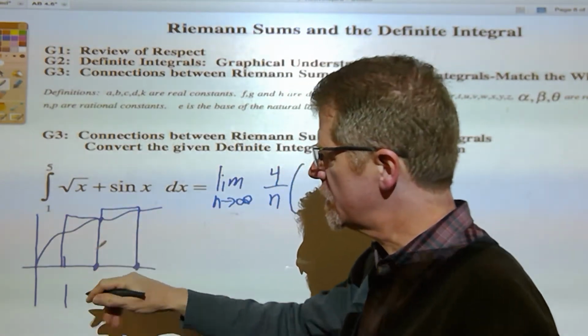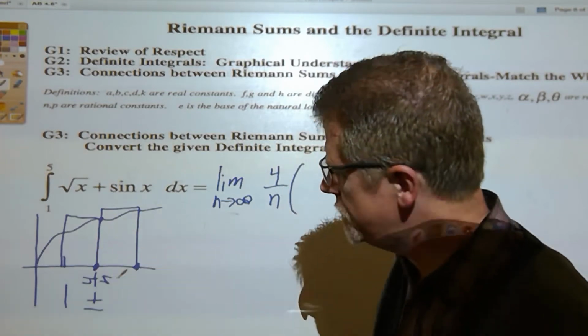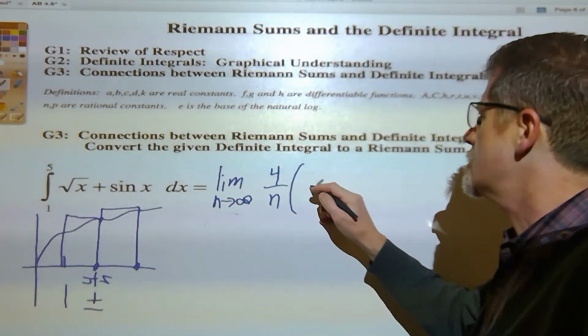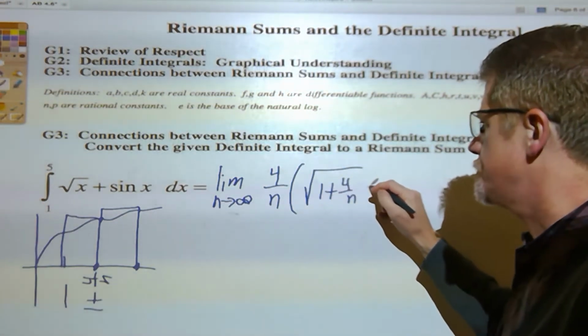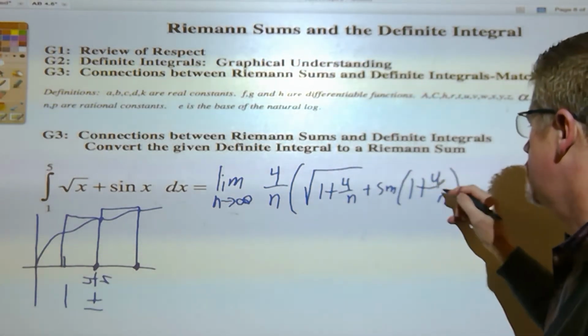So the first rectangle is over here at 1 plus 4 over n. The input, or the golf ball, there is 1 plus 4 over n. So the first height is going to be the square root of 1 plus 4 over n plus the sine of 1 plus 4 over n.